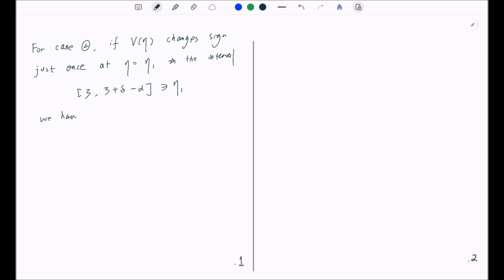We have, by our lemma, theorem 435, the uniform bound theorem, that the integral of this absolute value can be split into two parts.